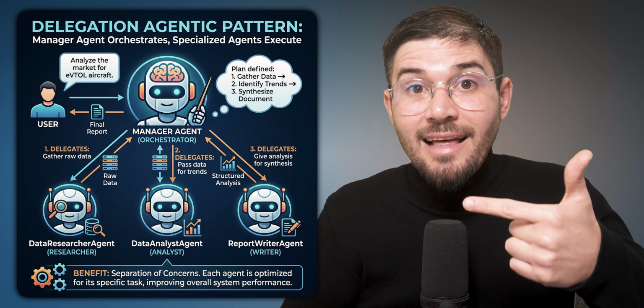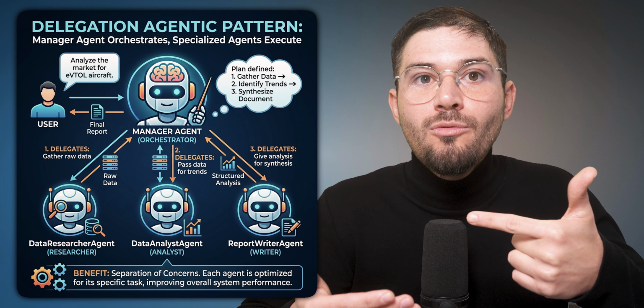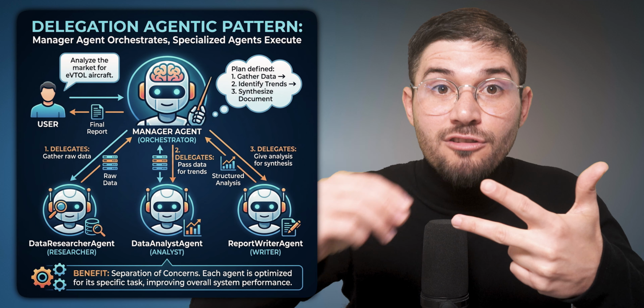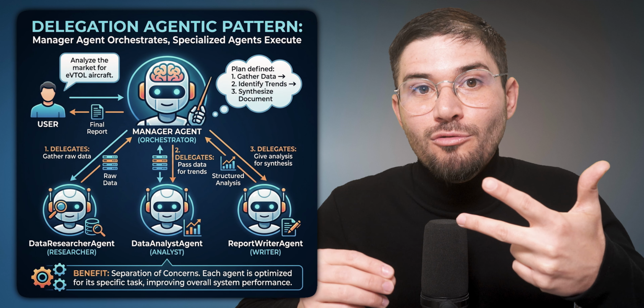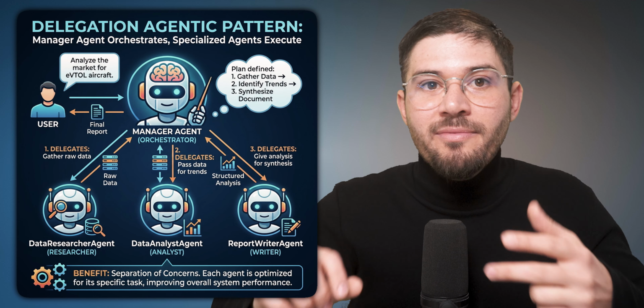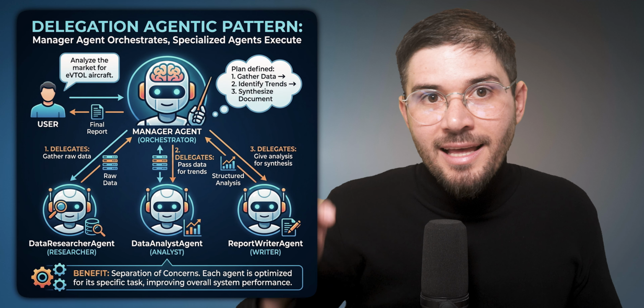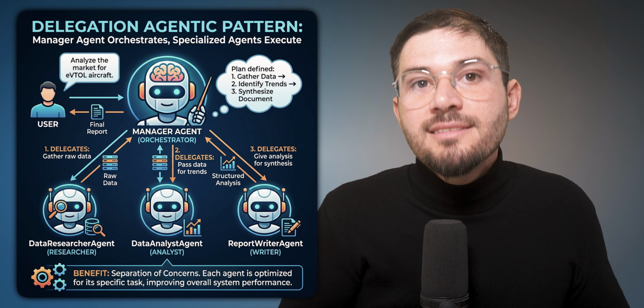Second, pass that data to a data analysis agent to identify trends. And third, give the structured analysis to a report writer agent to synthesize a document. The manager just orchestrates information flows. This is powerful because each agent can be optimized for its specific task. It is a separation of concerns for AI.